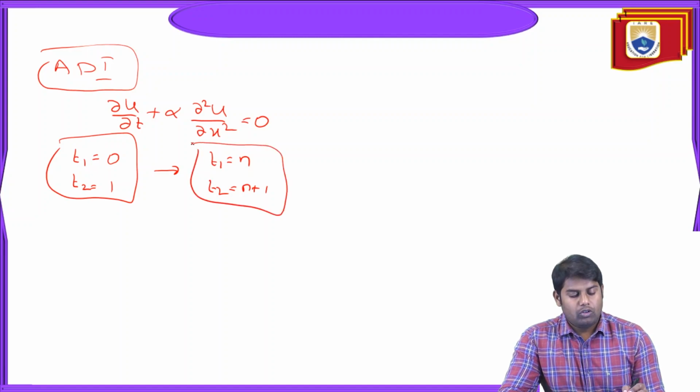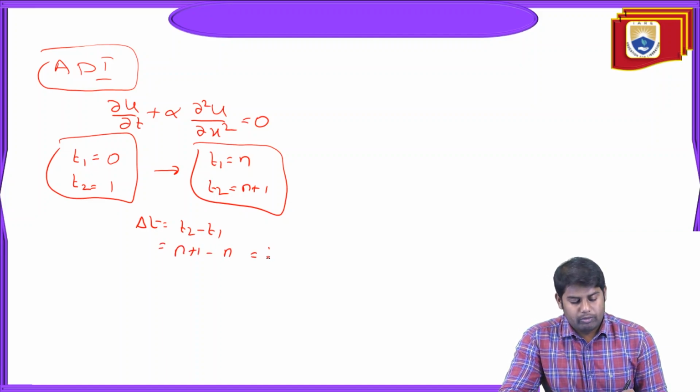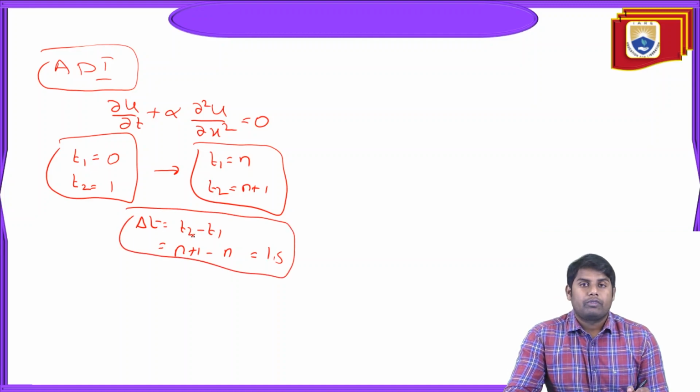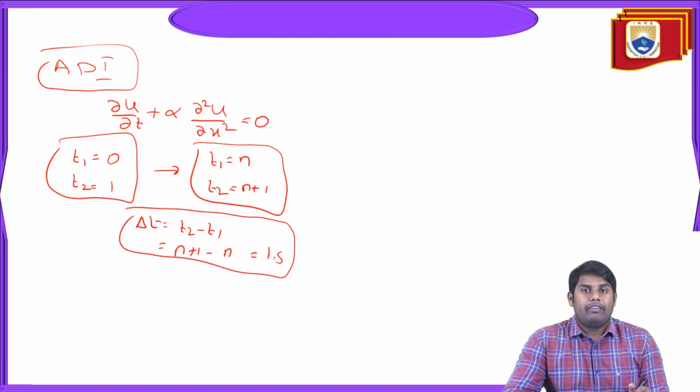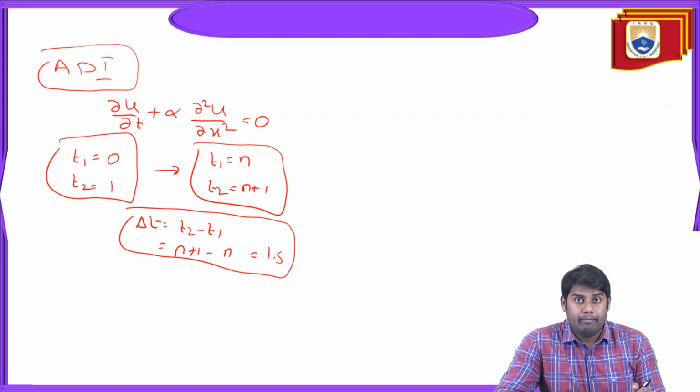So here, delta t will be equal to t2 minus t1, which is n plus 1 minus n, so which will be 1 second. This is delta t. Now, instead of taking delta t as 1 second, we will split the time levels into two equal halves.